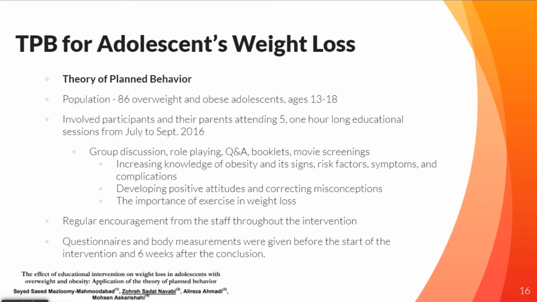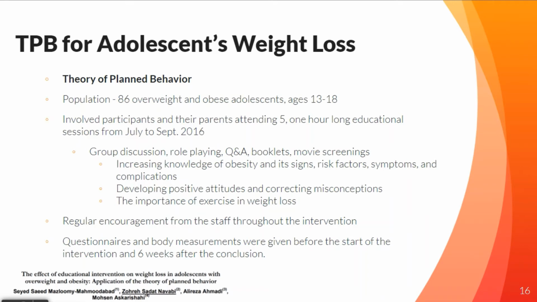So the next intervention we'll talk about is the theory of planned behavior for adolescents' weight loss, which focused on 86 overweight and obese adolescents aged 13 to 18. It involved participants and their parents attending 5 one-hour-long educational sessions from July to September 2016.